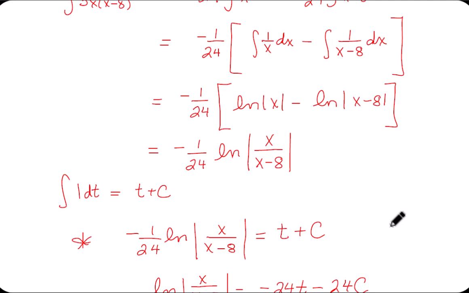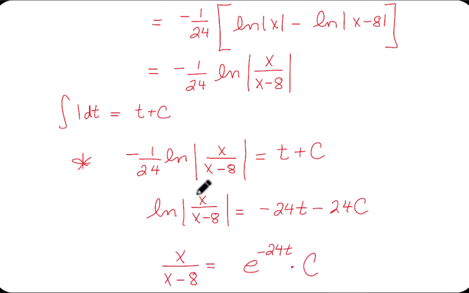All right, but I can't take e yet because I have this constant stuck in the front. So multiply through by a negative 24. All right, so now I have this ln, and I can take e of it. So e of the ln gives me the inside part. e of this part is here.